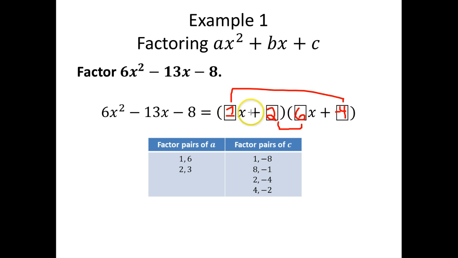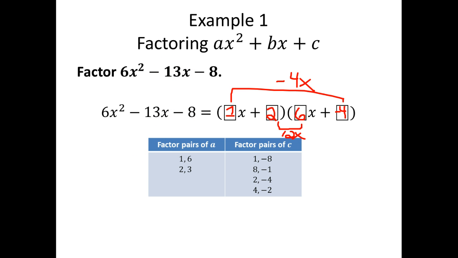I get 1x times negative 4 is negative 4x. Okay, and then I get 2 times 6x, that's 12x. But notice when I add these two up, I don't get my negative 13x that I want. So let's try something else.